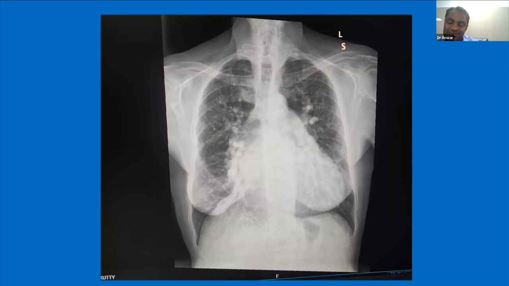You have said that there is right atrial enlargement, the main pulmonary artery is dilated, there are a large number of end-on vessels. Then your clinical diagnosis is ASD. What is the point against ASD? There is right ventricular enlargement, right atrial enlargement, pulmonary artery dilatation, and a large number of end-on vessels. But the additional point you have to say is, what is the magnitude of PAH? Is there significant PAH or not?